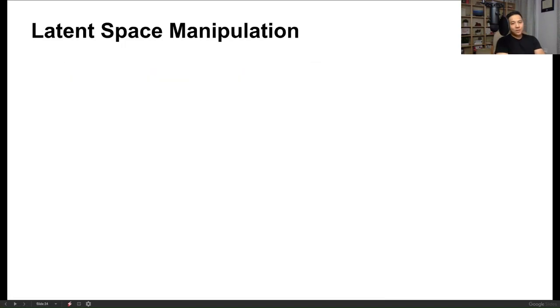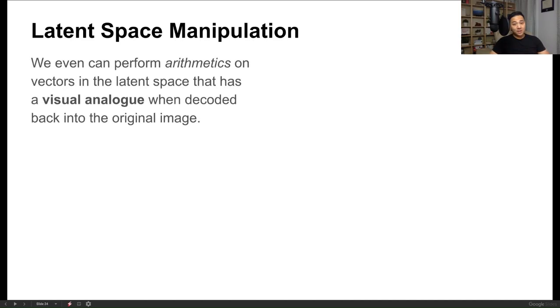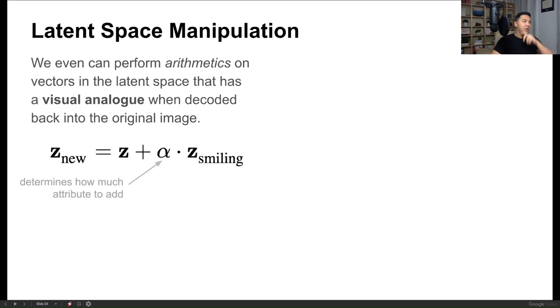Okay. One more thing I want to show you is the manipulation of the latent space, and you might like this. You can perform arithmetic on the latent vectors in the latent space that has some visual analogs when you decode it back to the original image. The arithmetic can be like this: you have an old value of z, but now you want to manipulate it.